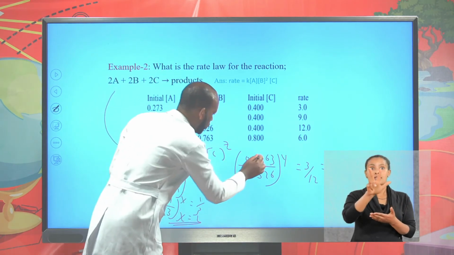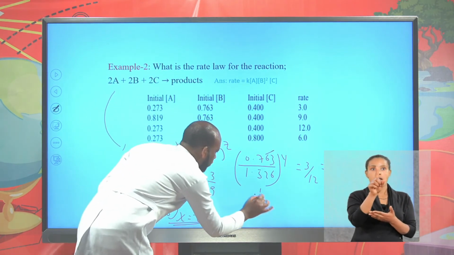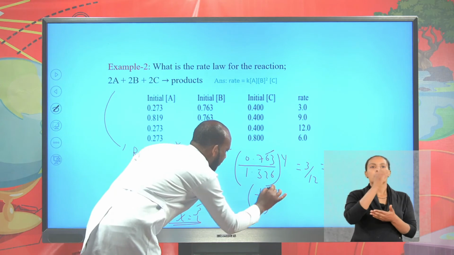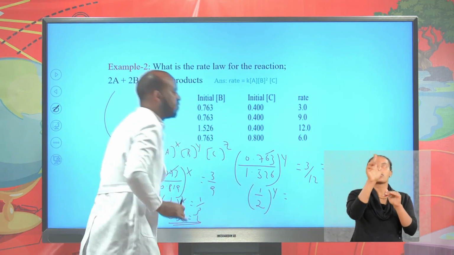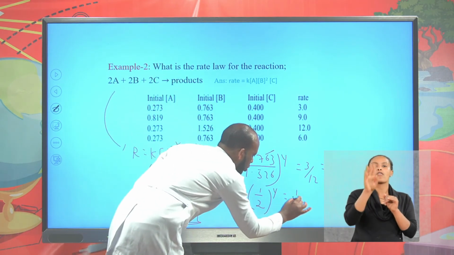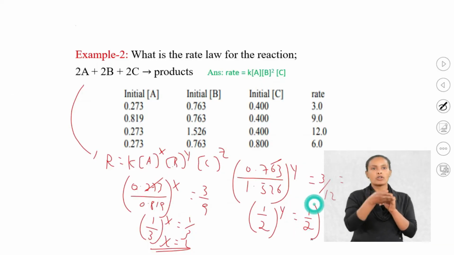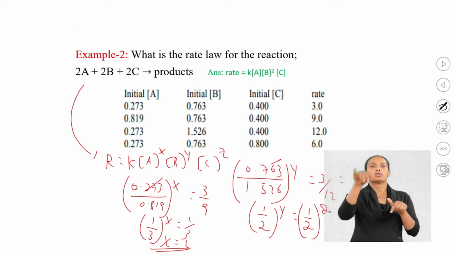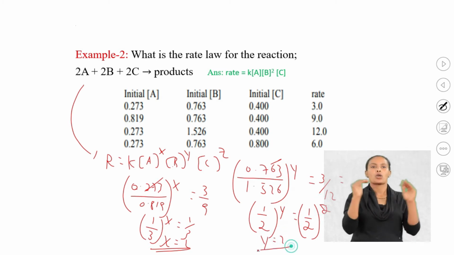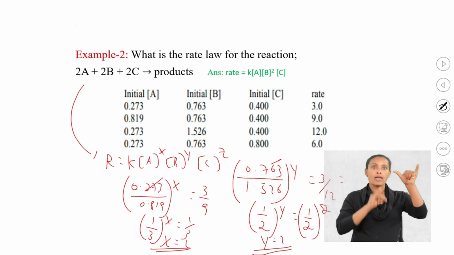This is 1 over 2 to the power Y equals 3 over 12, which is 1 over 4, or 1 over 2 to the power 2. From this, Y equals 2. The value of Y is 2.